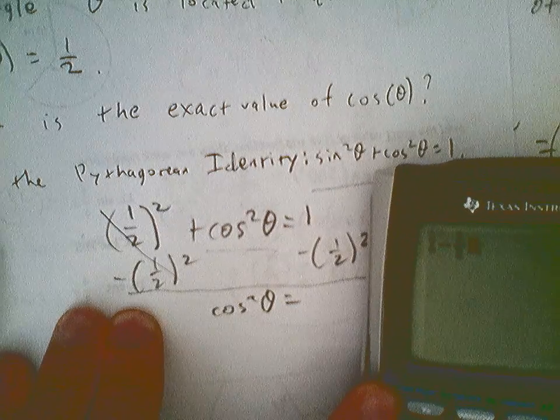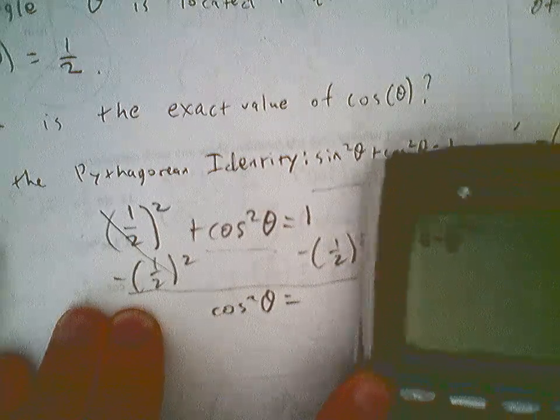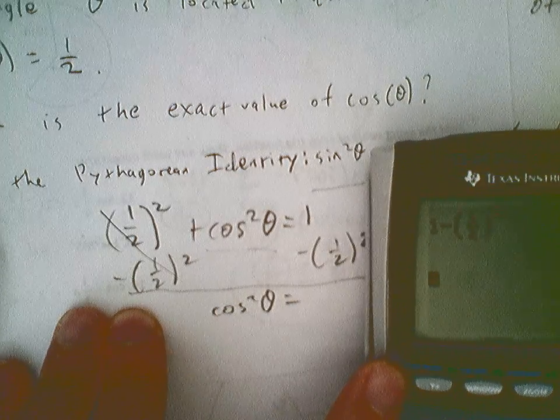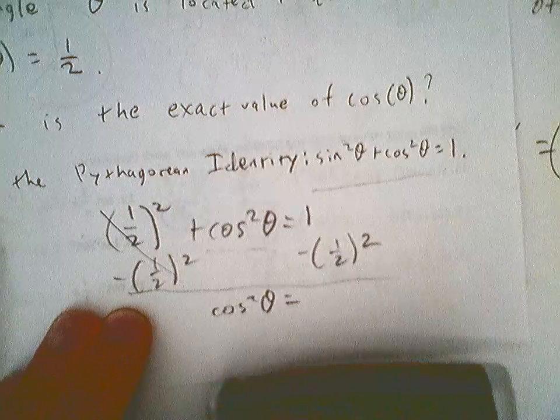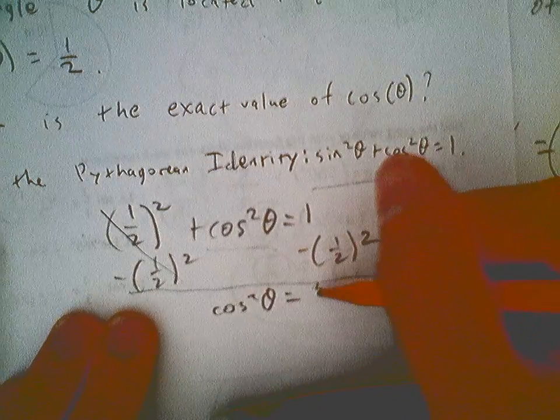One minus 1/2 squared, and I get 3/4. So that's what cosine squared of theta equals, 3/4.